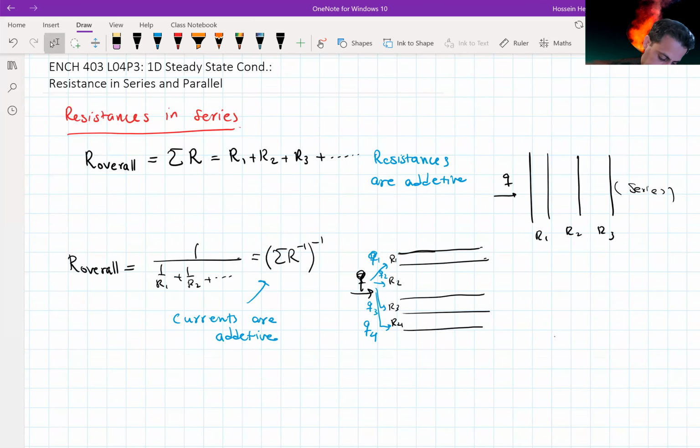To add here, this is for resistances in parallel.